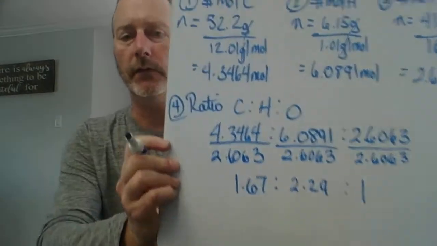Divide all 3 by that number. 2.6063, and we get, that's a 1, obviously. This one is 2.29 and 1.67. All right, so there's my ratio.